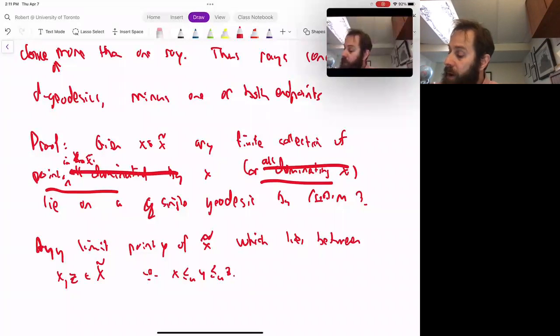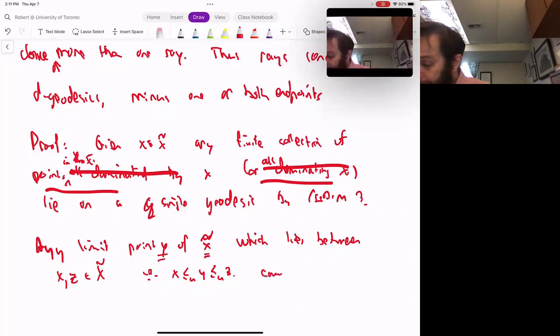What do I want to rule out? That y has multiplicity. It cannot have multiplicity.